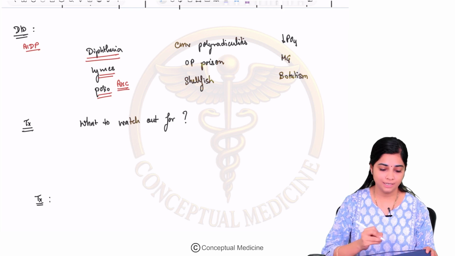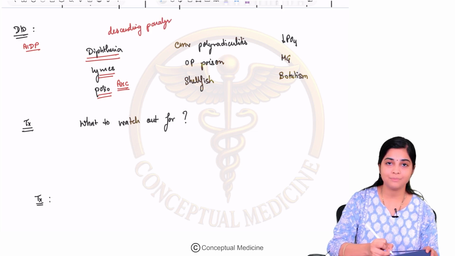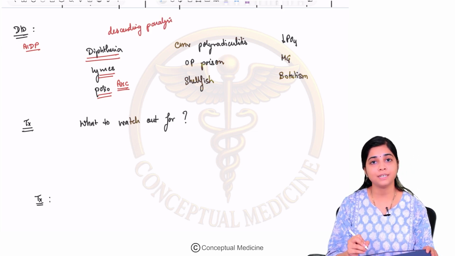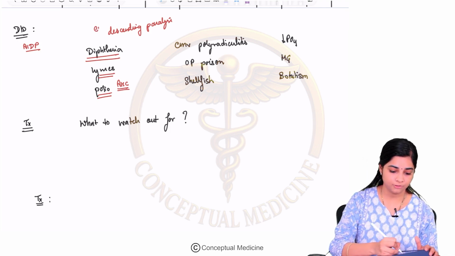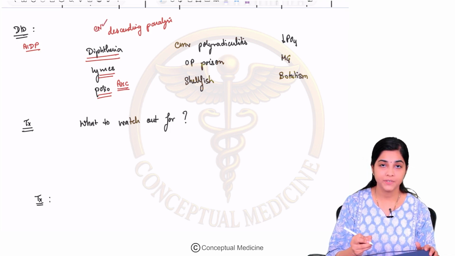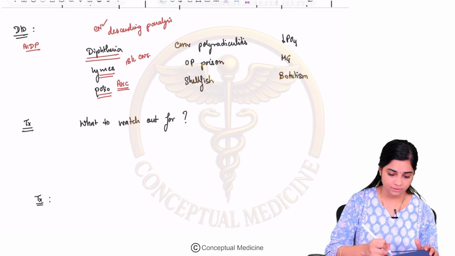How does diphtheria present? Diphtheria, on the other hand, presents as descending paralysis, not ascending paralysis, but it can be confused with GB syndrome because it can cause cranial nerve involvement and flaccid paralysis. Lyme's disease causes bilateral facial nerve involvement similar to GB syndrome, and it can cause ascending paralysis as well. So that is a very important differential diagnosis.